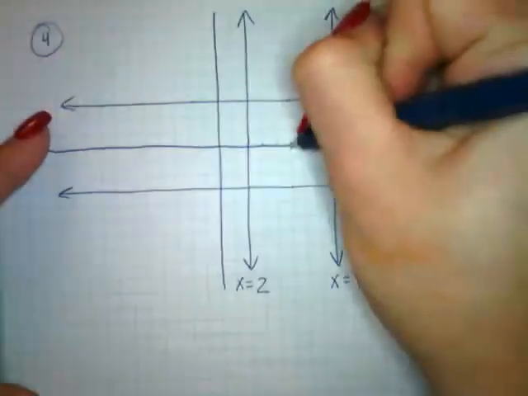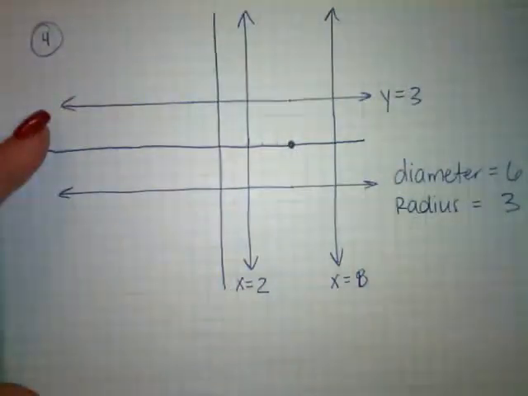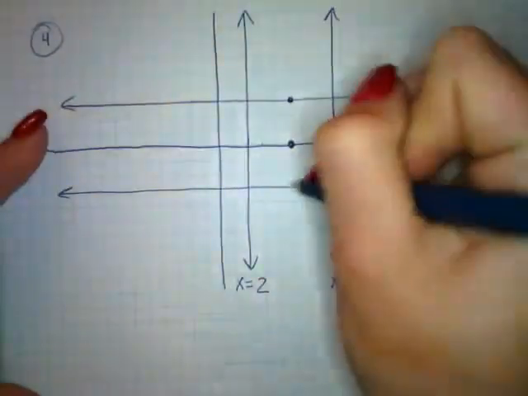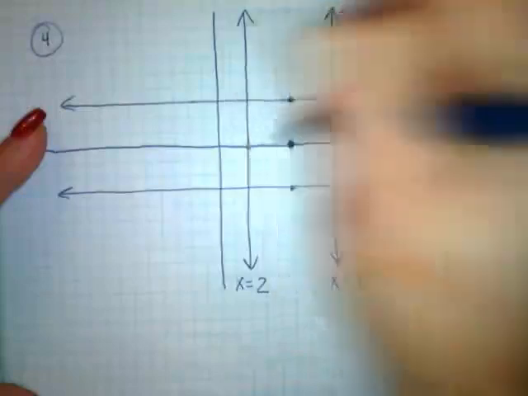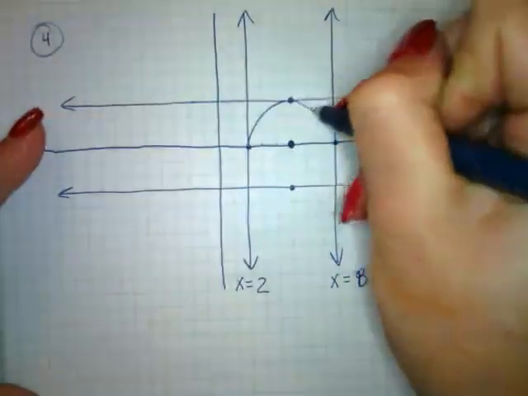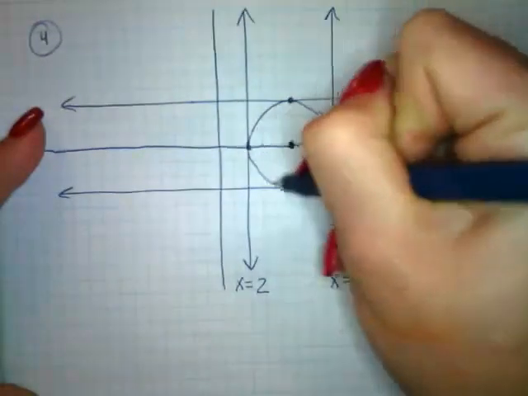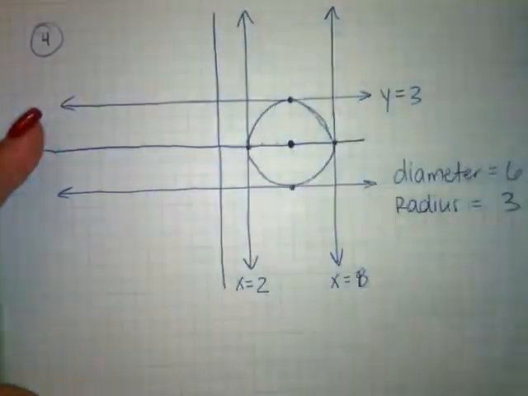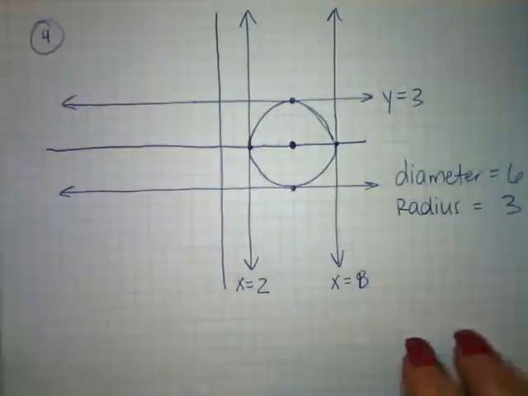So my center will be here. That'll be one endpoint, one endpoint, one endpoint, and the other. I can now sketch in my circle. Okay, so that's what my circle looks like.